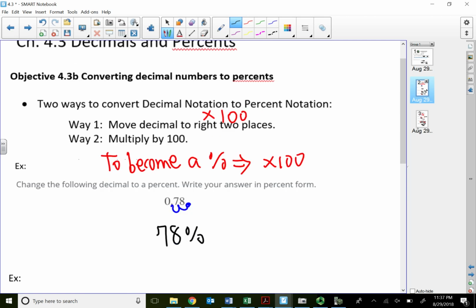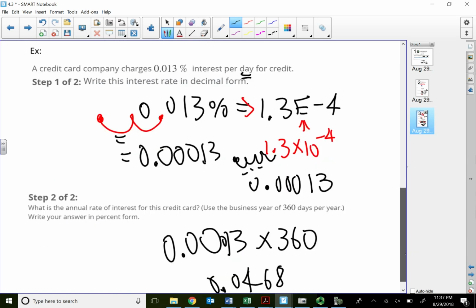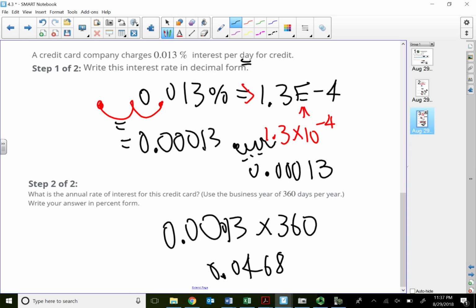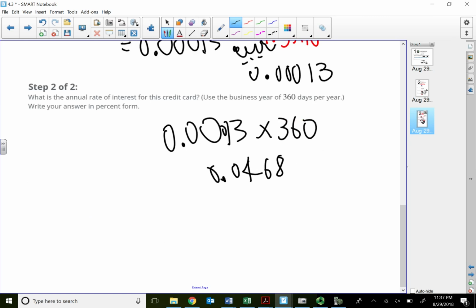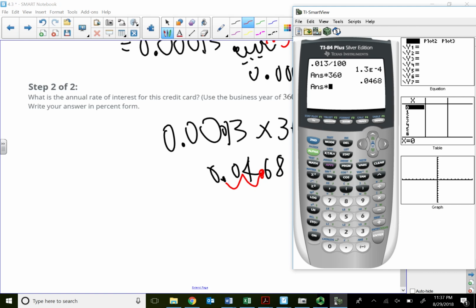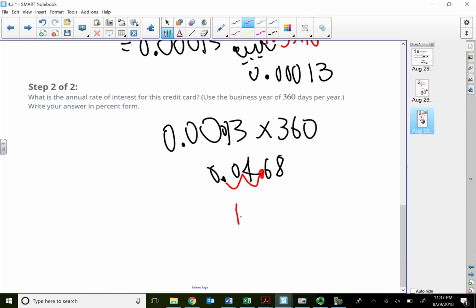That's why I wrote this down: to get rid of the percent, I need to divide by 100. Now I want to become a percent, because the problem wants me to write it in percent form. I move my decimal to the right 2 places, or multiply by 100 in the calculator. Either way, I get 4.68%.